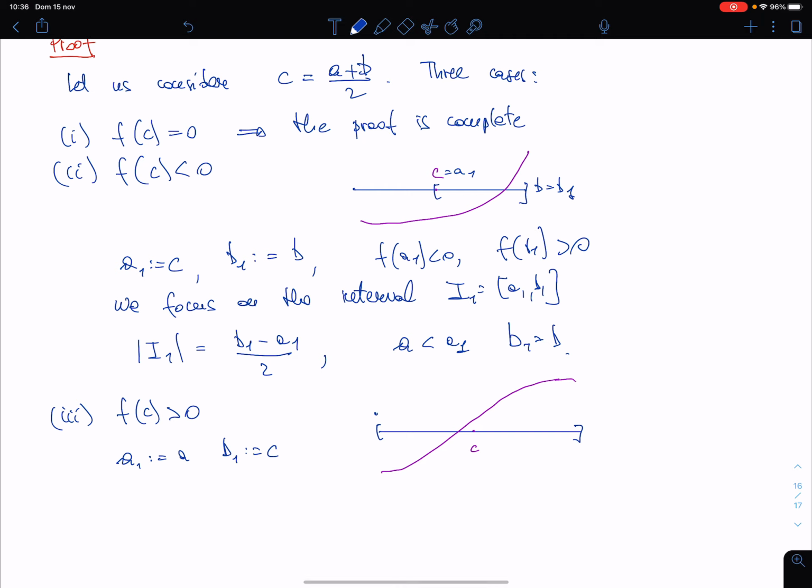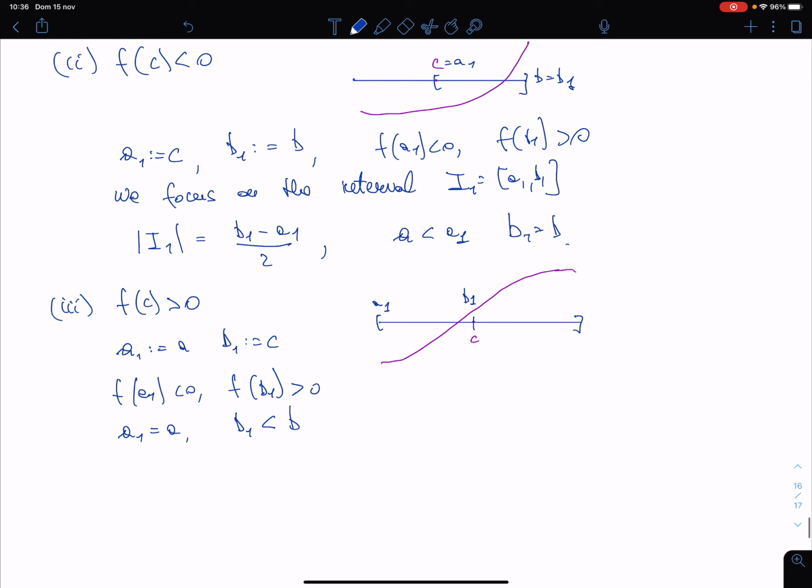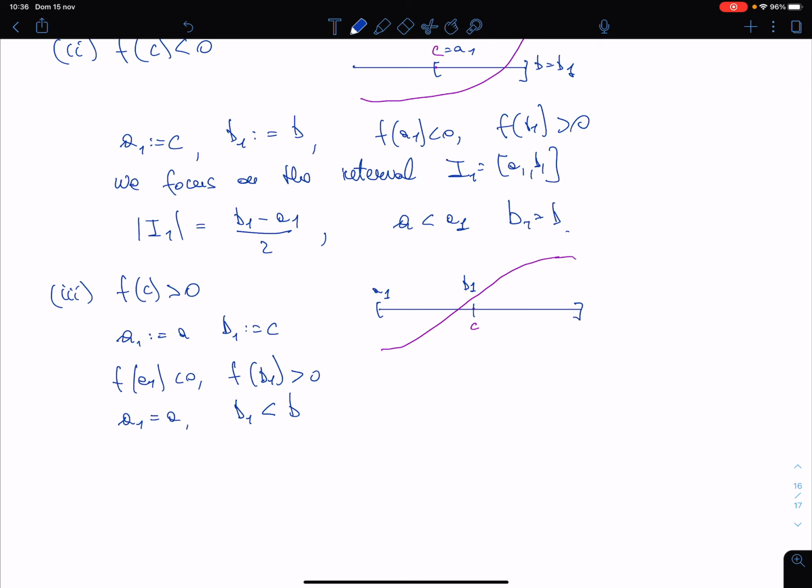So now the interval on which we will focus is again a1, b1, and we have that f of a1 is less than 0, f of b1 is larger than 0, and a1 is equal to a, b1 is less than b. And again, the size of the new interval is half of the size of the previous interval.